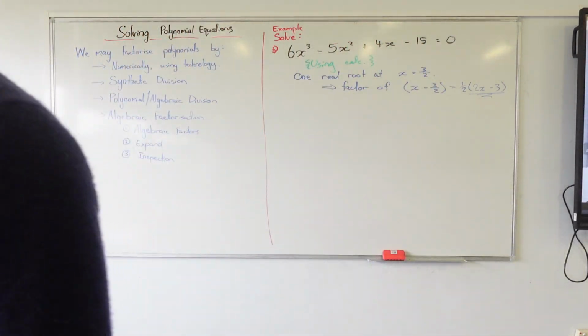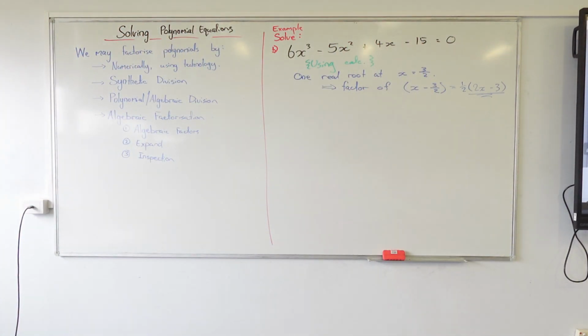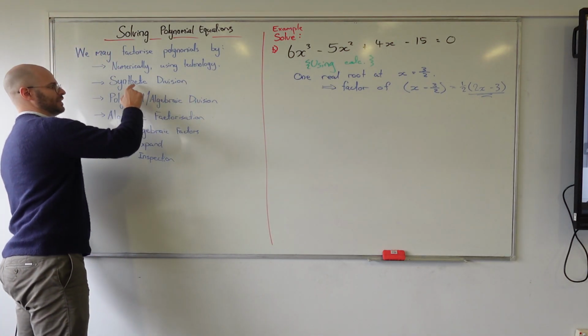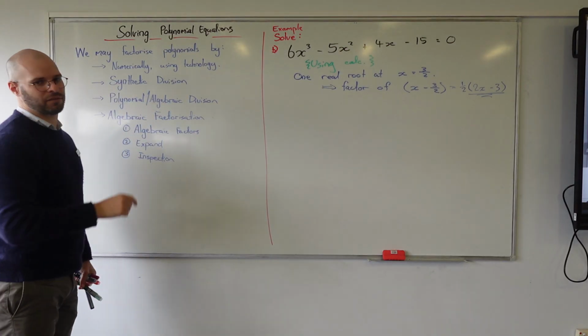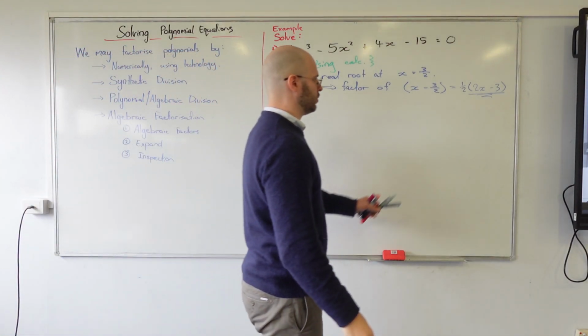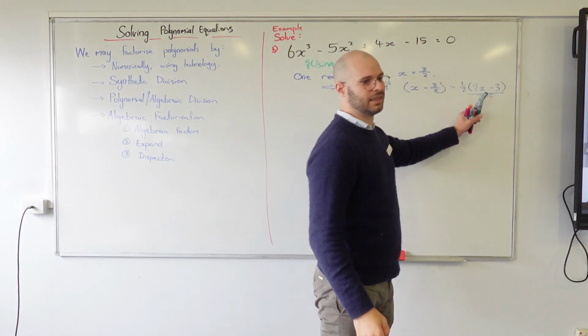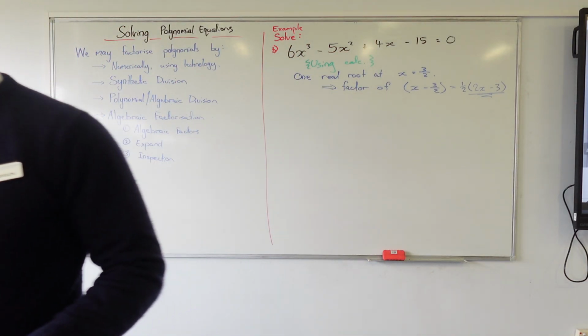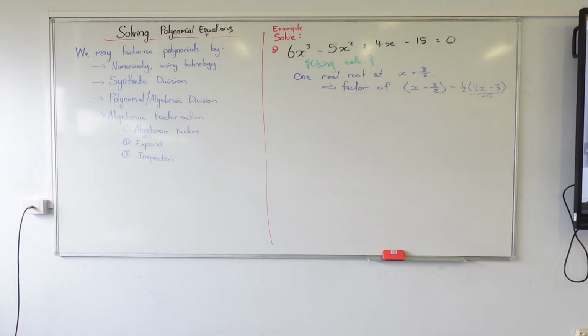Now, there's two ways we could go about this. We could go what typically would be our fastest way, which is synthetic division. However, if you use synthetic division, you cannot use it with this factor here. It only works with this one. If you chose to do that, you'd be doing synthetic with fractions. Nice?